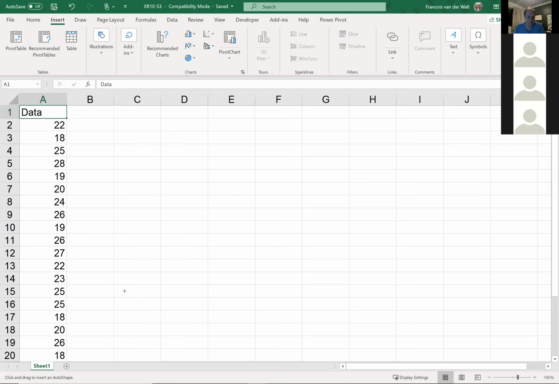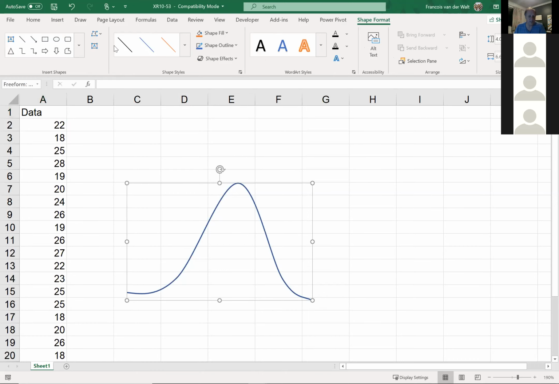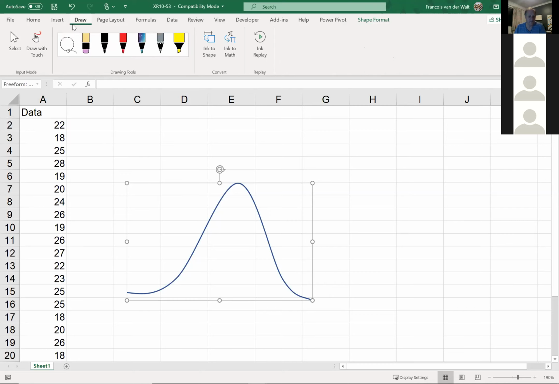So I'm going to just draw it here. I'm getting better and better at this. Okay, so there's my normal distribution. What does this say to me?